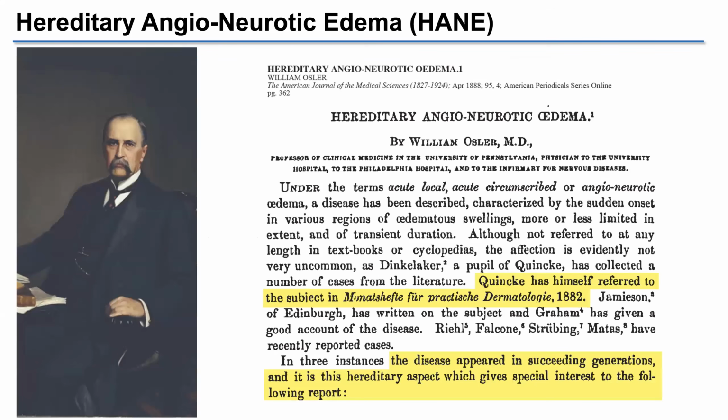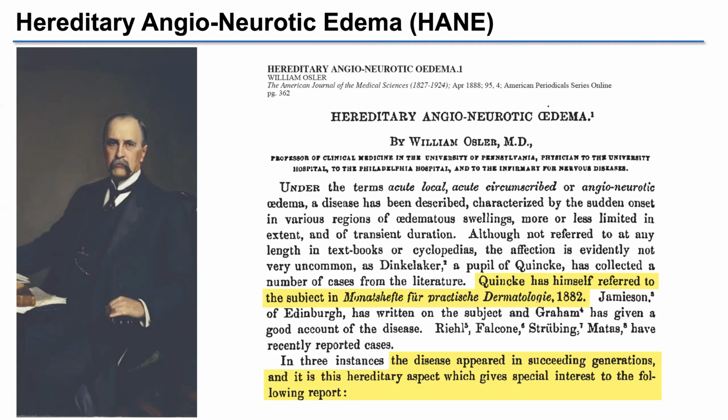Although I will start right from the beginning, which is in 1888, when Osler first described what he called, as you can see here, hereditary angio-neurotic edema.